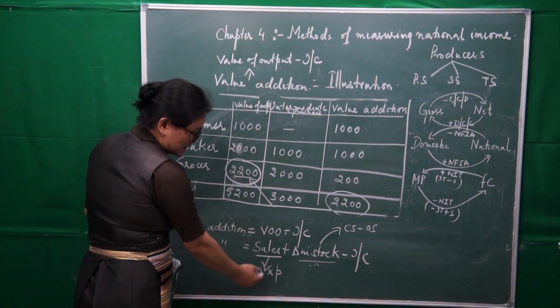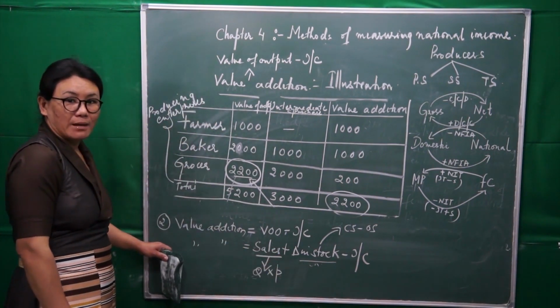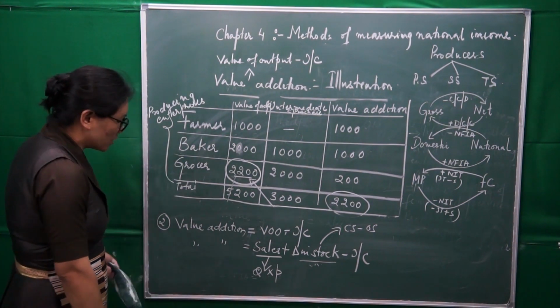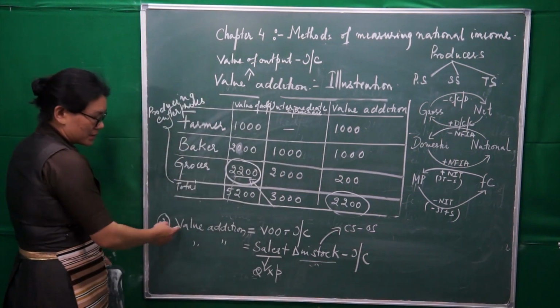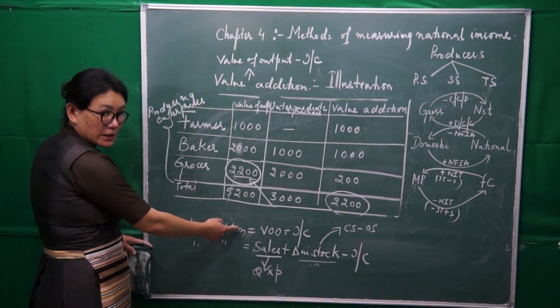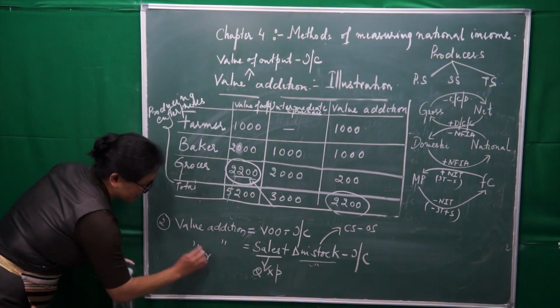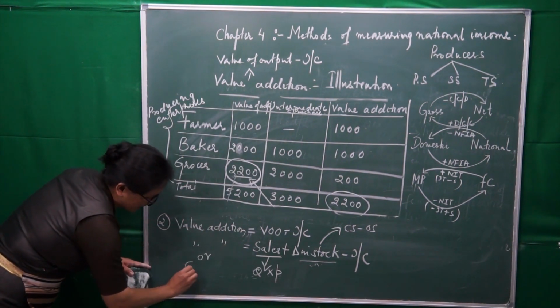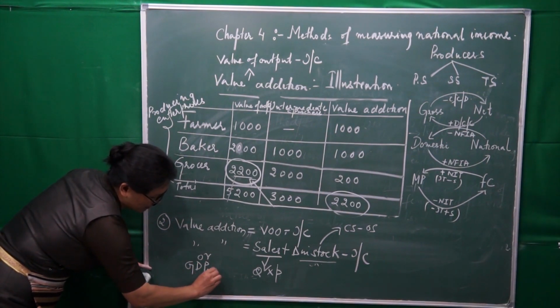So, sales is Q into P. Okay. So this much is nothing but value addition. Or this one, as I said before, is GDP at MP.